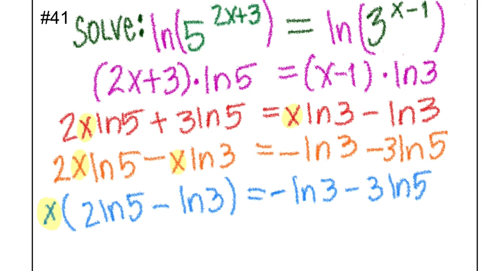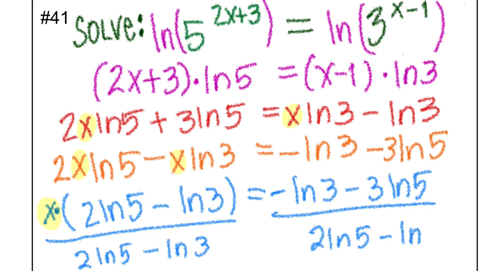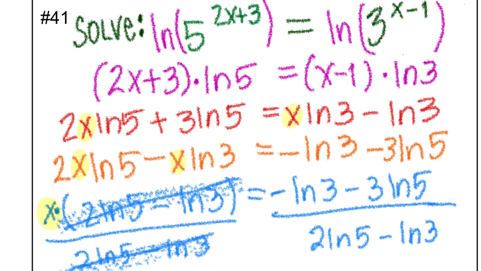From here, I can now divide both sides by the other piece being multiplied by the x so that the x is isolated. It is crossed out entirely on the left, okay? So that leaves us with our final answer.